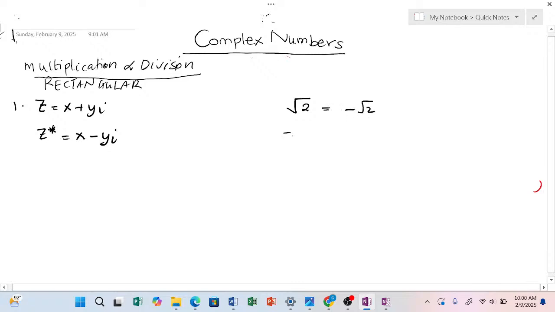If I have negative square root of 2, the conjugate is positive square root of 2. So if I have yi, its conjugate will be what? Negative y i. It is the imaginary part that brings in the properties of conjugation. So if this is a complex number, this will be its conjugate.